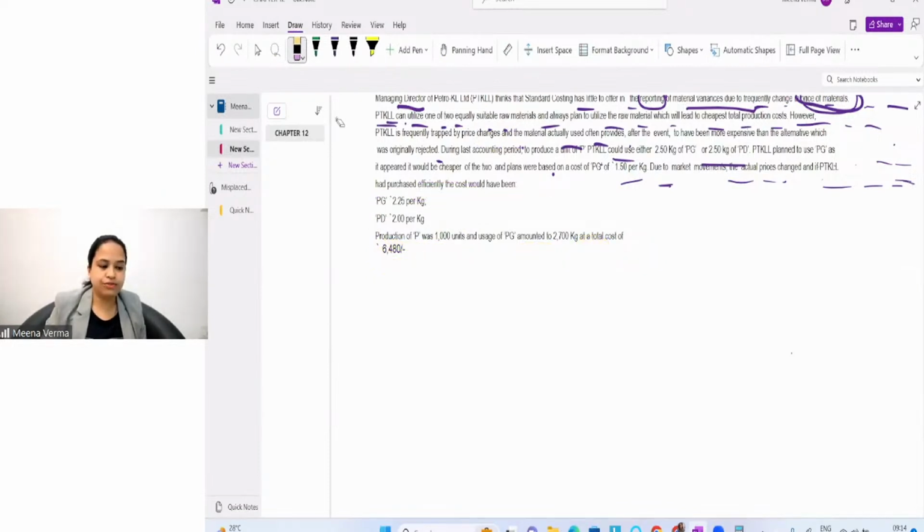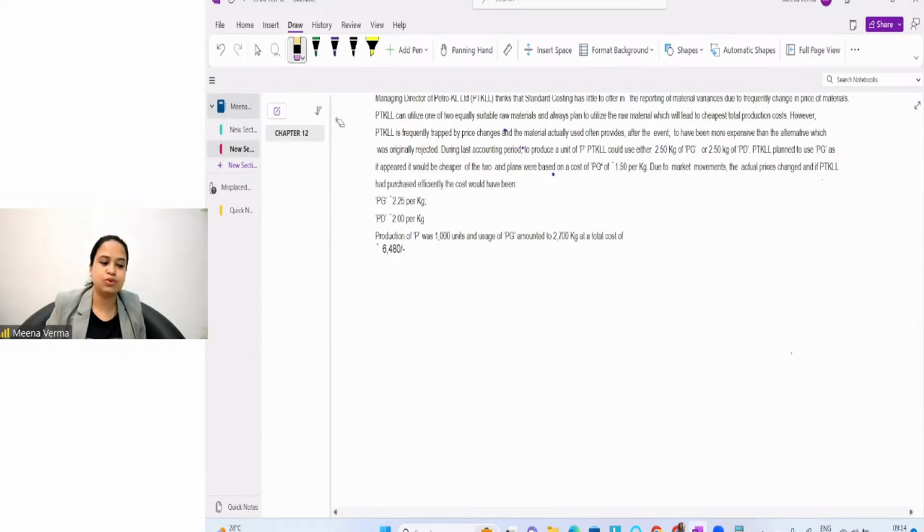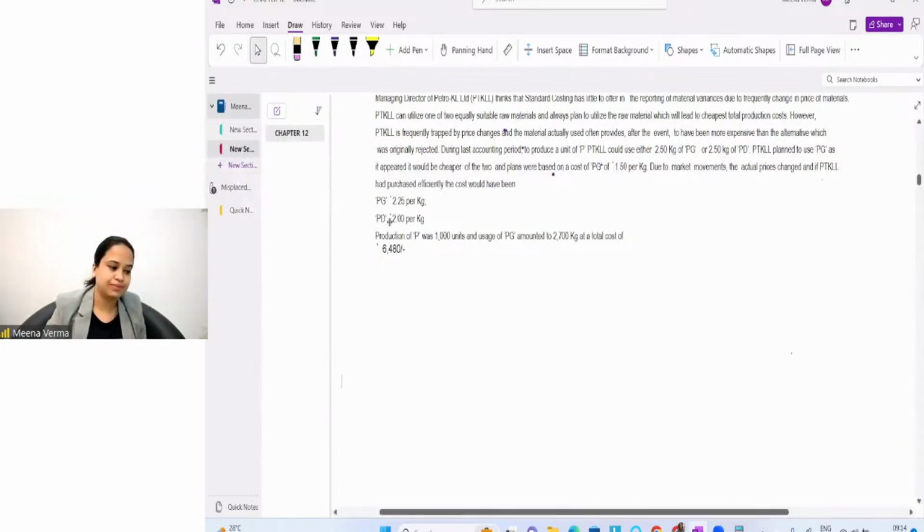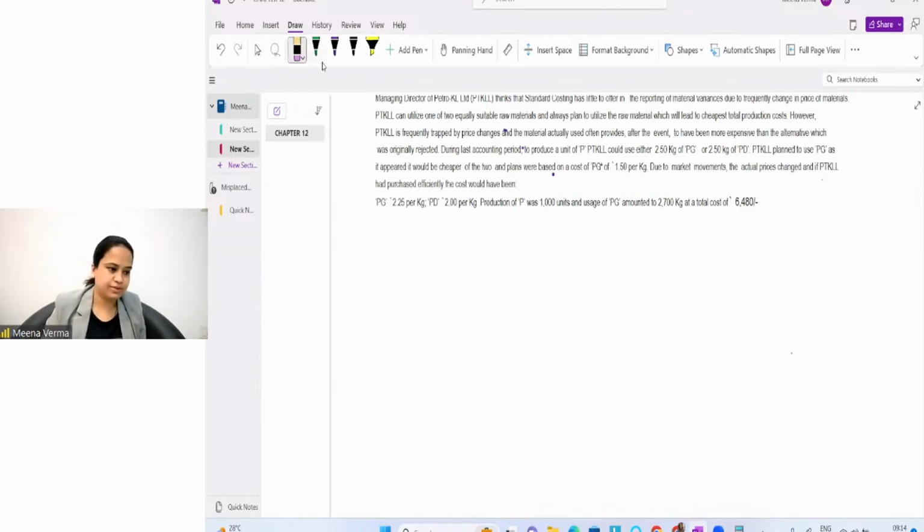Whenever you get a question like this and they're asking you to find the planning and operational variation, just make a table. The table will help you to solve it easily. I'll tell you how you can prepare the table. Okay, let's make a table.